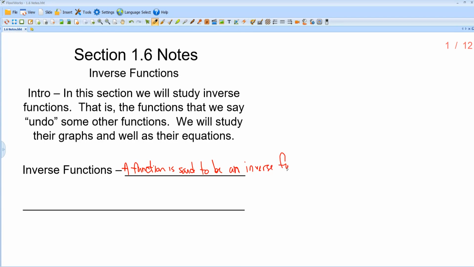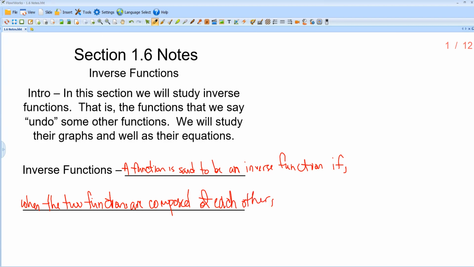An inverse function, if and only if, when the two functions are composed of each other, the result is the identity function.